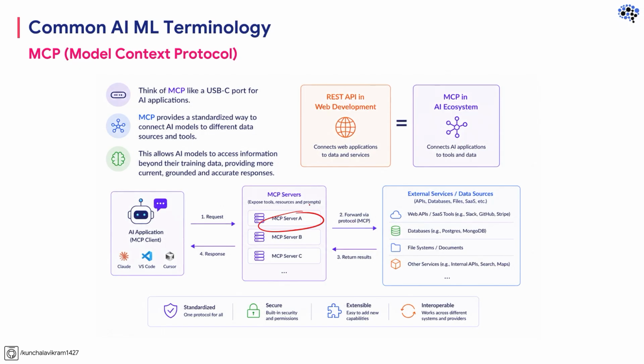Okay, so the connection between the MCP server and the external services is via the MCP protocol. We don't have to know about this as of now. The thing is, for example, let's say I'm replacing this with some flight booking service.